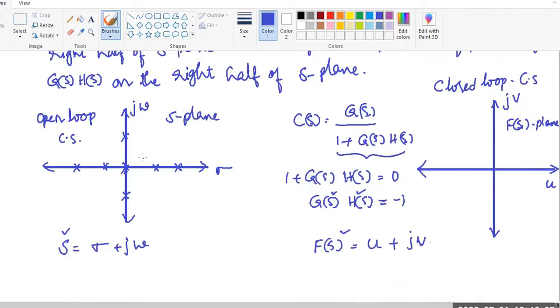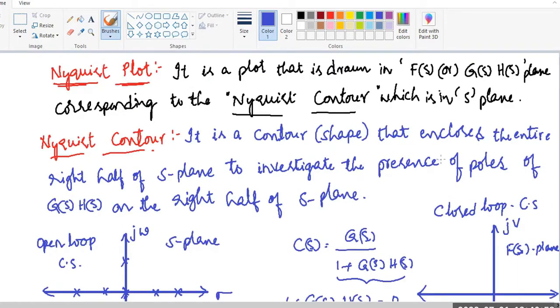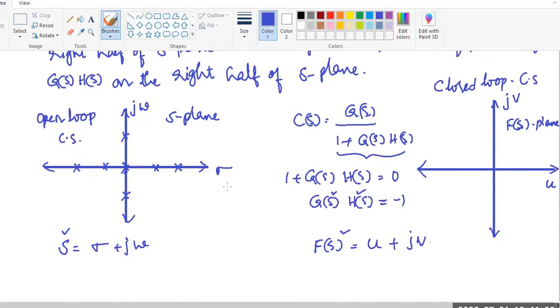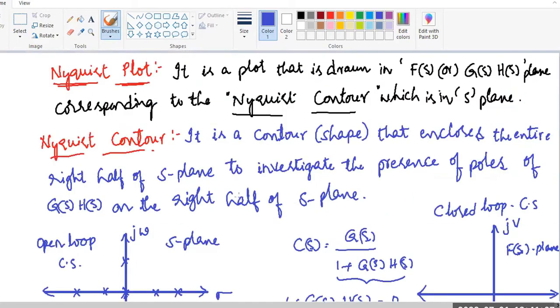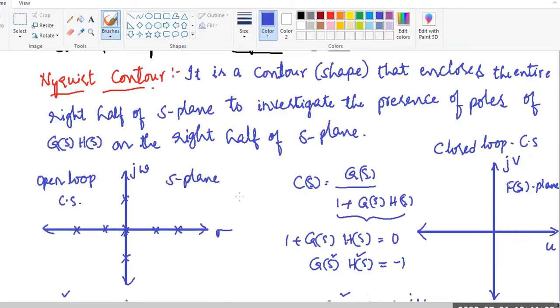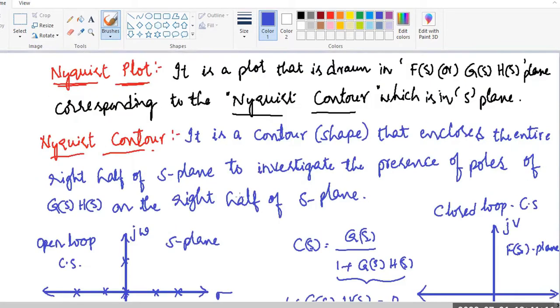So that is why here there is the S-plane. We need to consider a contour that encloses the entire right half of the S-plane. See here, there is an entire right half of the S-plane. It has to be enclosed by a contour or a shape. Why has this shape to be considered on the right half of the S-plane?